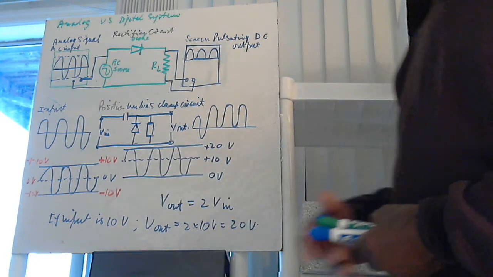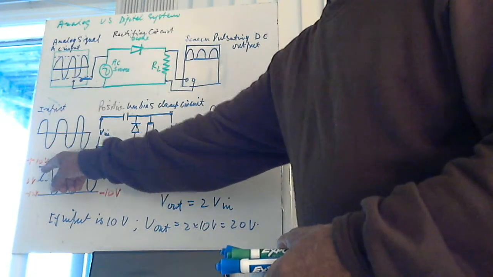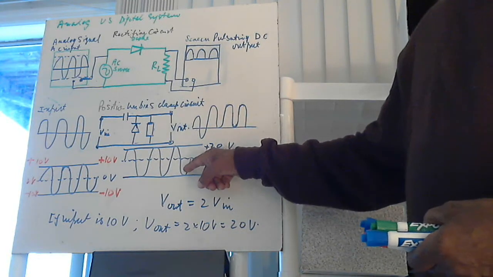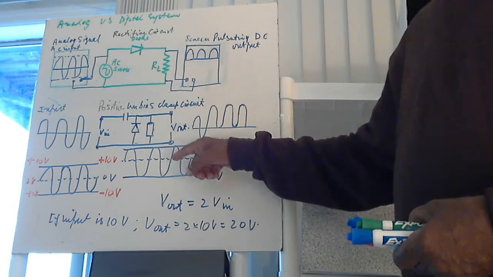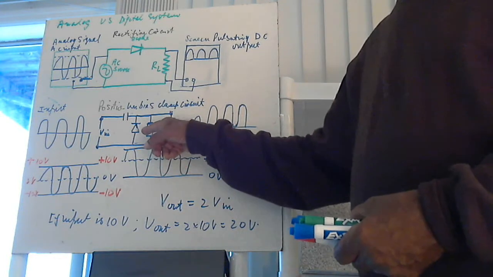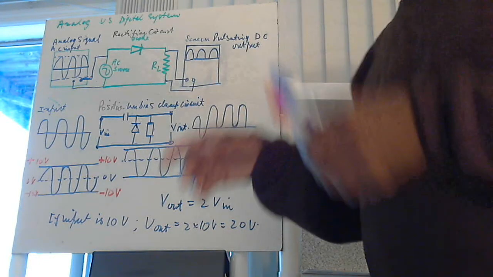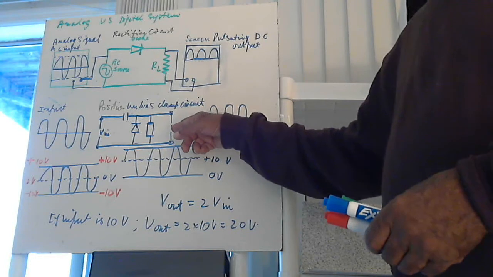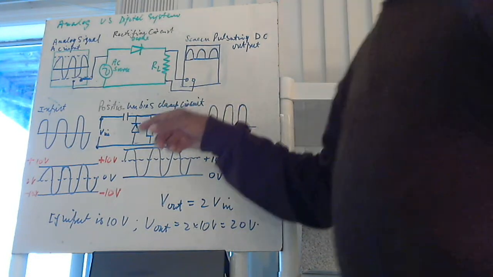Let's say, for example, if putting 10 volts of current here, what happened here is that in the negative cycle of this input AC signal, the diode here is forward bias, and it conducts, charging this capacitor to its peak positive value of the voltage in.